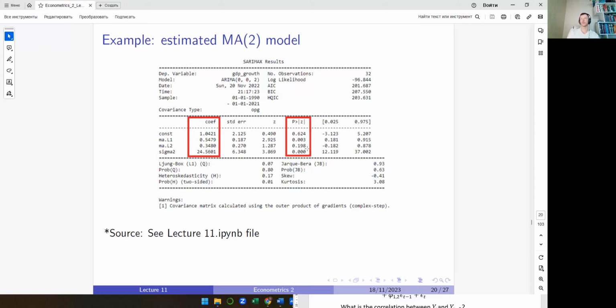What is interesting is that the theta2 estimate is not statistically significant. So we can probably reject the MA2 model in favor of an MA1 model. But for now, we have something like this. This is the MA2 model for Russian GDP growth in 1990 to 2021.